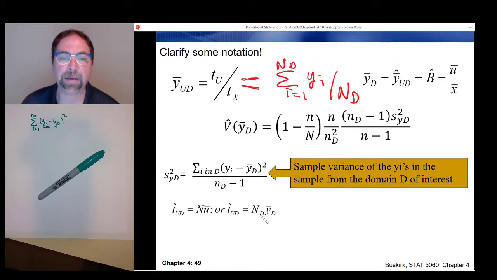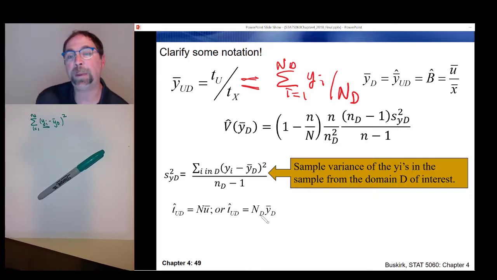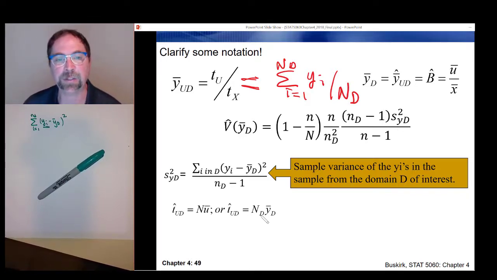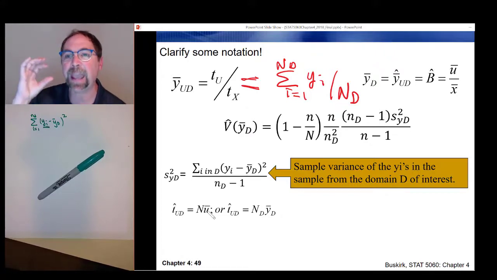But if we don't have N sub d, in other words, we don't have the indicator for everybody in the population, we certainly will be able to identify them in the sample by asking survey questions, for example. We'll be forced to use the capital N, which we do know from the sampling design, and then this u bar. Now, u bar is an estimate of the average y value per element in the domain, but it also kind of reflects the percentage of people that are in the domain because you're zeroing out some of those values, but you're multiplying this by the entire population.